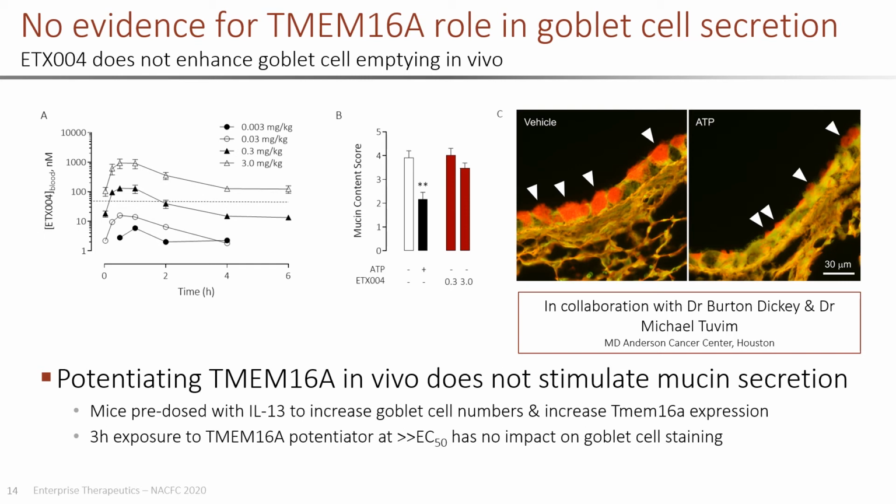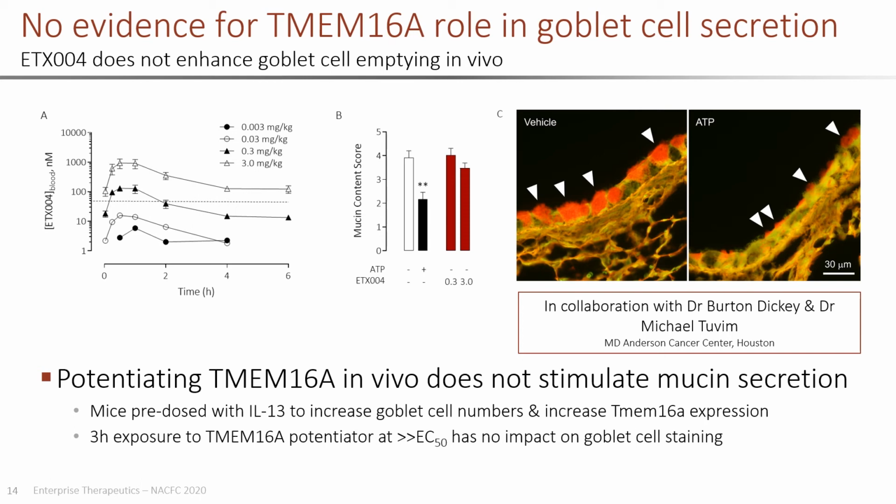So the model itself, the animals are dosed with interleukin-13 for several days to induce a goblet cell metaplasia. And then on the back of that goblet cell metaplasia, animals are administered the TMEM16A potentiator, and we can see no evidence of emptying of the goblet cells in this particular model.